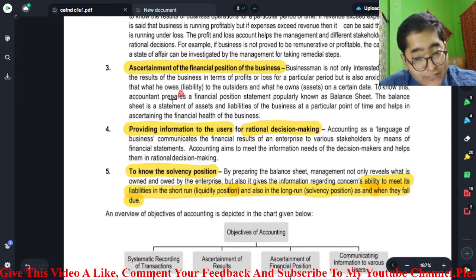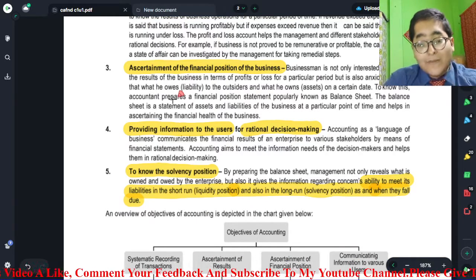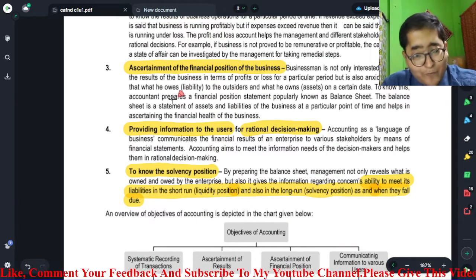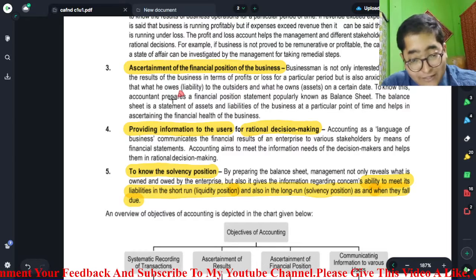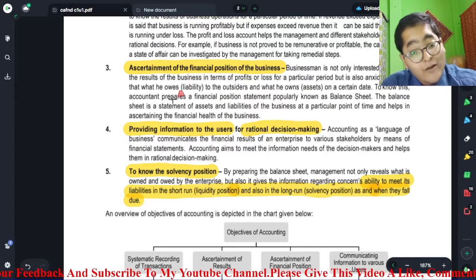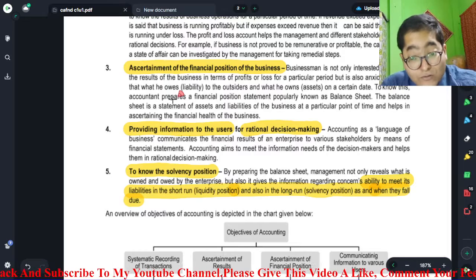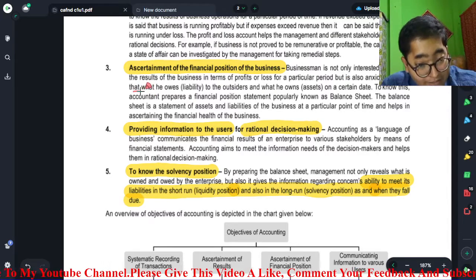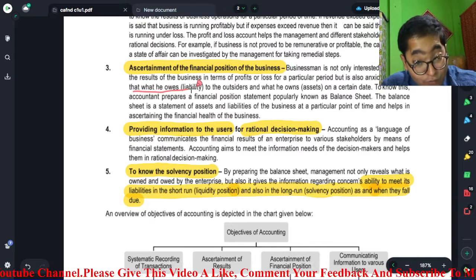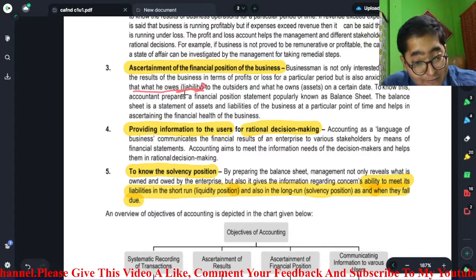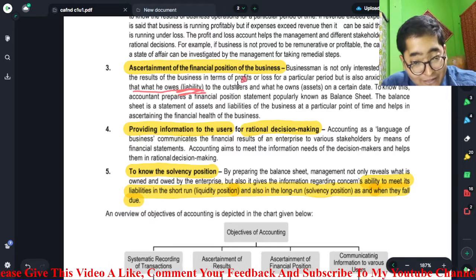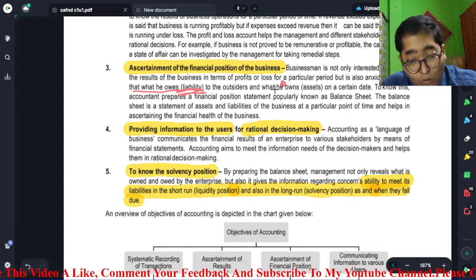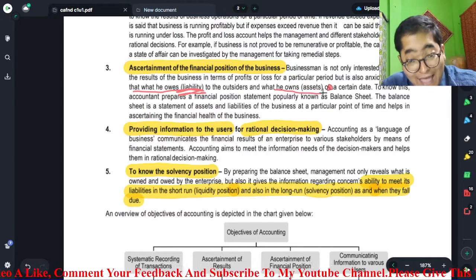Number 3, ascertainment of the financial position of the business. A businessman is not only interested in knowing the results of the business in terms of profit and loss for a particular period, but is also anxious to know what he owes, that is his liabilities to outsiders, and what he owns, that is the assets.